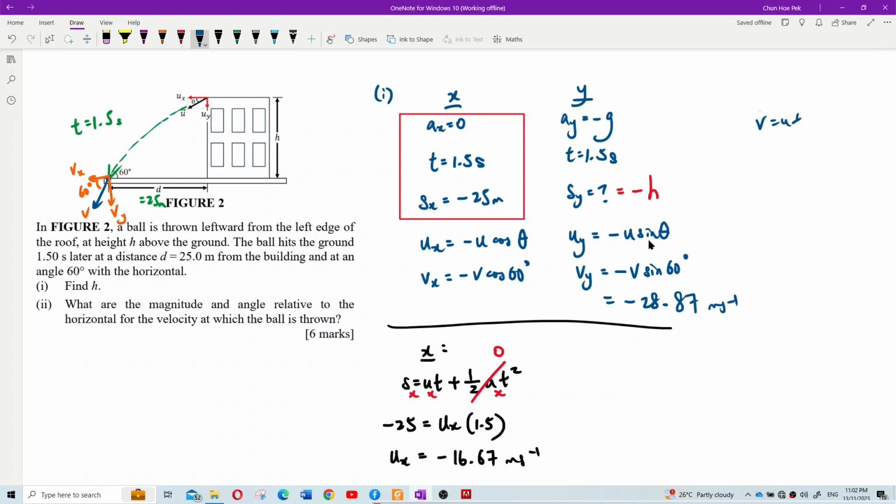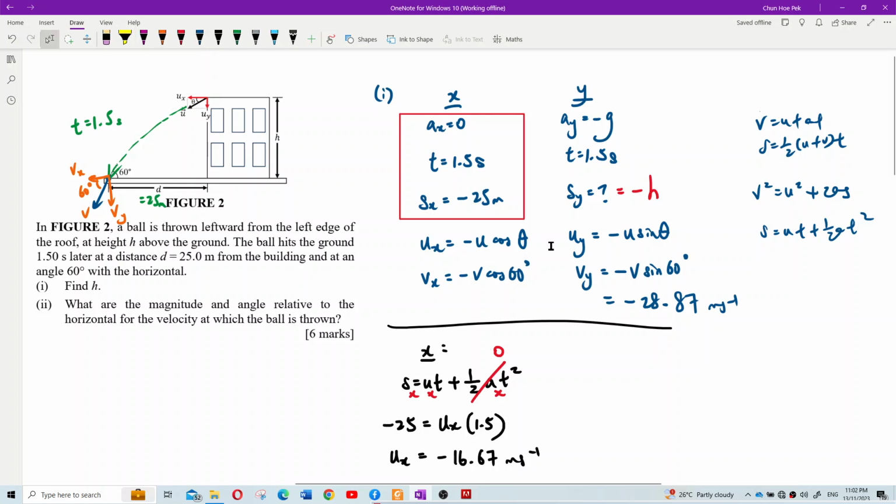V equals u plus at, s equals half u plus v t, v squared equals u squared plus 2as. I need u. What formula don't need u? S equals ut plus half at squared. I still need u. So how to find h then?